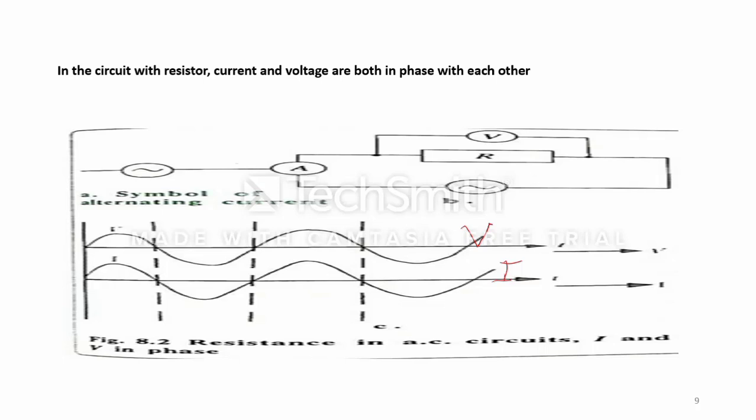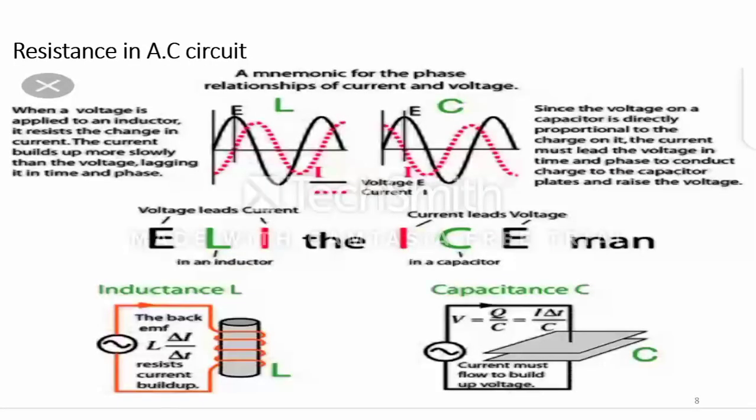But in the other cases that we explained, when an inductor is connected across a potential difference, you see that voltage leads current.